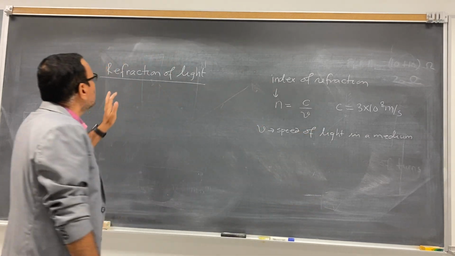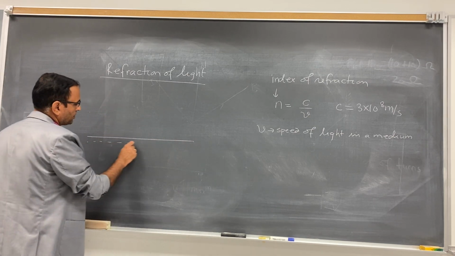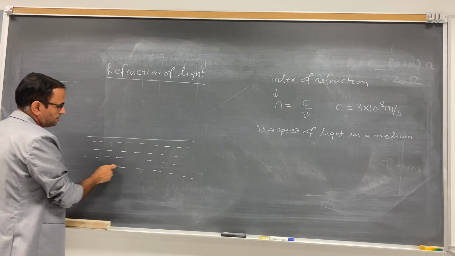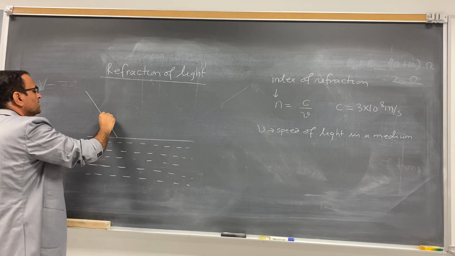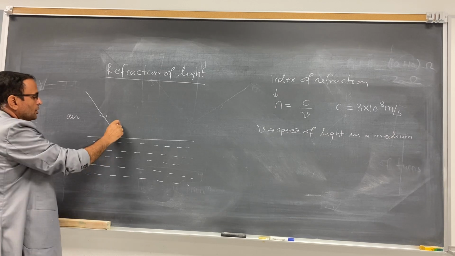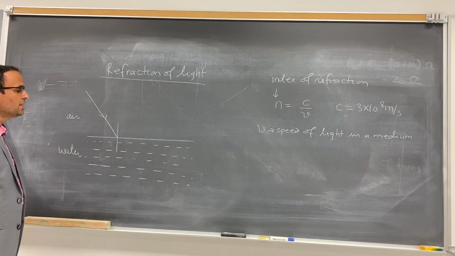Then refraction of light is when the ray of light travels from, let's say here, what we call an optically thin medium, to water. Water is an optically thick medium. What happens?